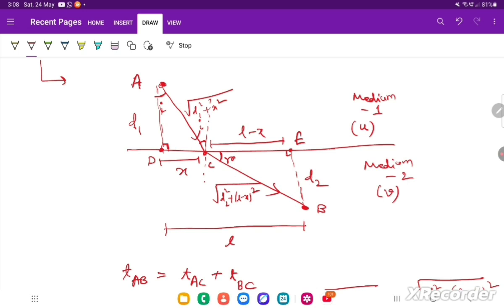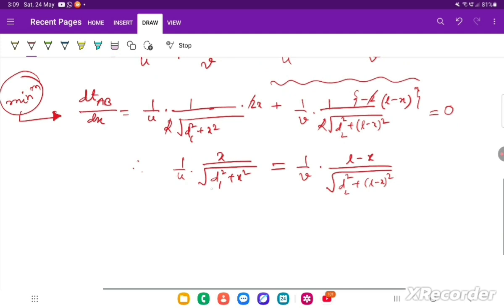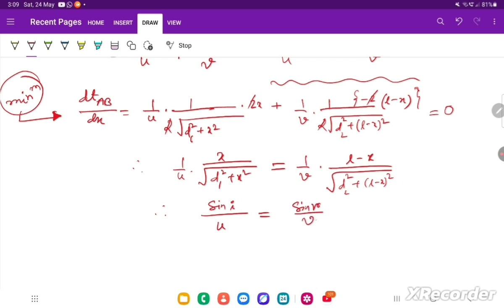And from triangle BCE, let me take this angle as R, so this angle will also be R as an alternate angle. So L minus x upon root over d2 square plus L minus x whole square will be nothing but sin R. So now you can clearly understand that this term is sin I upon u and this term is sin R upon v.